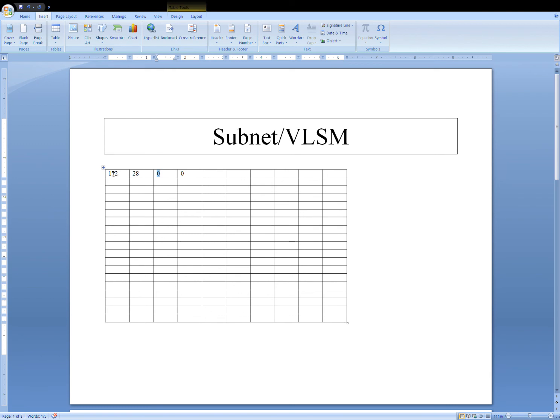In this particular case, my networks are going to go up by 64 in the third octet. So the first one is 0. We always start at 0. The next one is 64. Then 128. Then 192. And then 192 and 64 is 256.